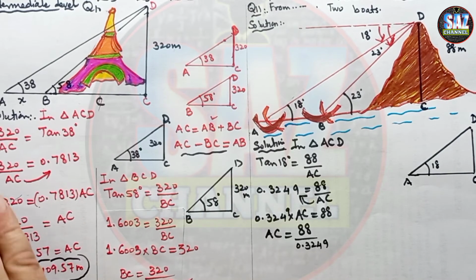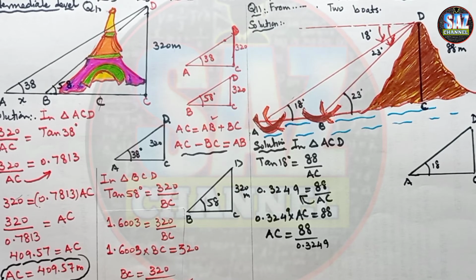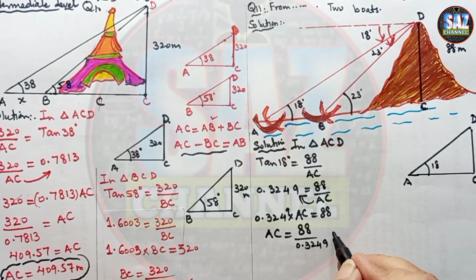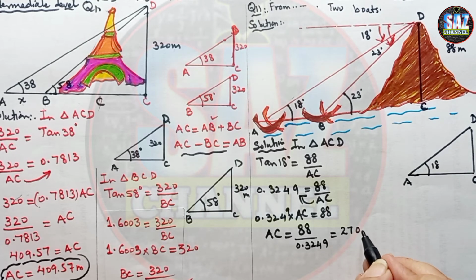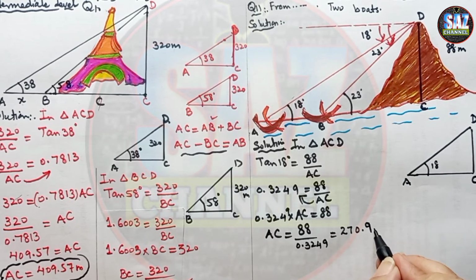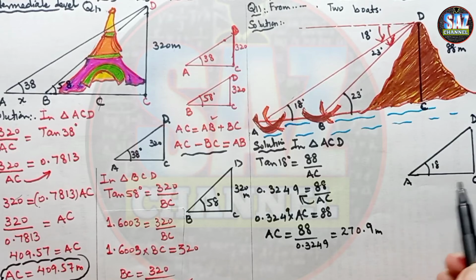Now I have to divide 88 by 0.3249, and this gives me 270.85, or I can take it as 270.9 meters. This is AC, which is the whole base of this big triangle.